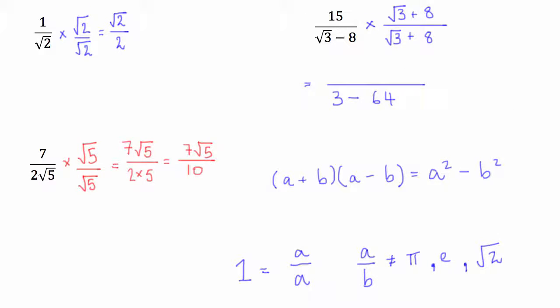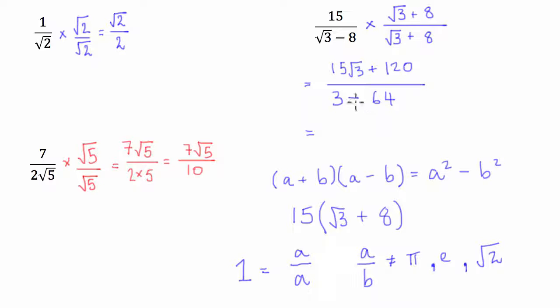And in the numerator, we're going to use the distributive law here. We're going to treat the numerator like this: we've got 15 bracket square root 3 plus 8. So we're going to go 15 square root 3 plus 15 times 8, which is 120. So we can simplify this.